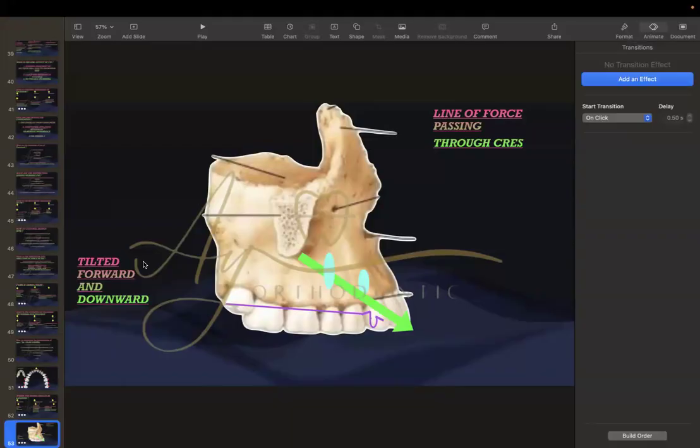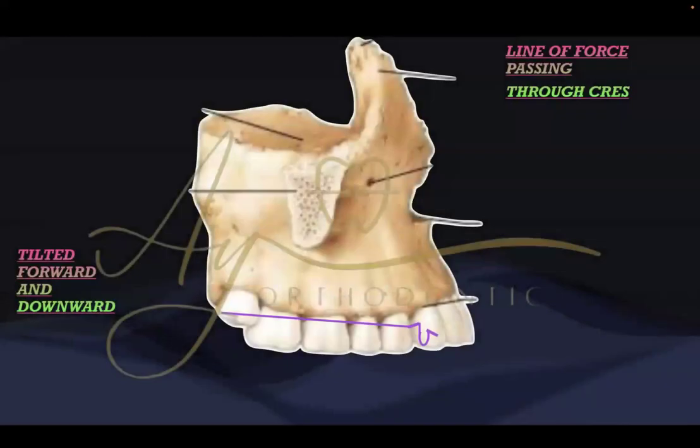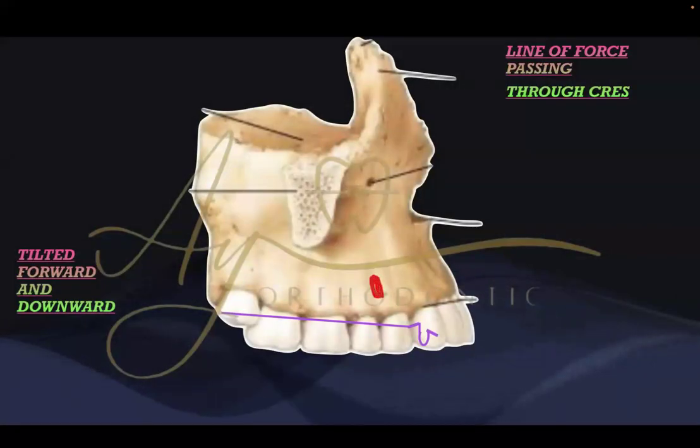This is the center of resistance of the maxilla. Where is the center of resistance of the maxilla, Rahim? Between the two premolars. Yes, between the 4 and 5, right? And the line of force application will be applied where? Distal to the lateral or at the C, right?